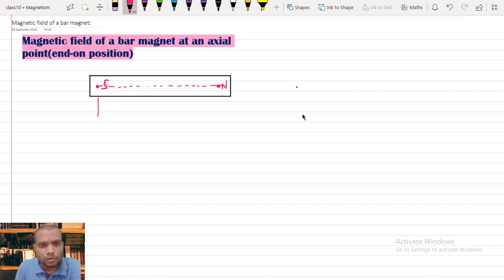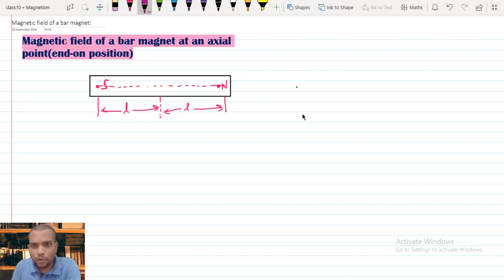So both poles are separated by a distance of 2L. Suppose at the middle, I take this as L, and from here to here again L, the total length equal to 2L.